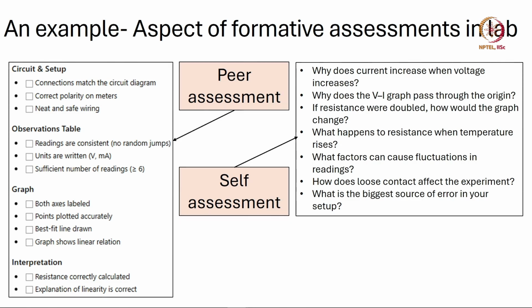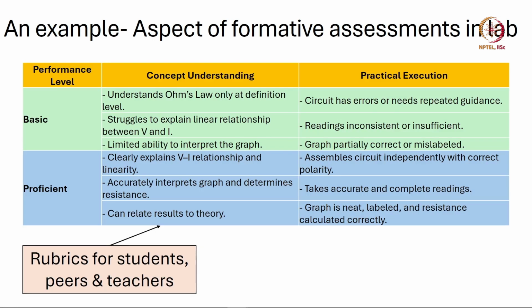Another aspect of formative assessment that can be used in labs is rubrics. We know that doing it procedurally, doing it in a more practical manner, is important. However, it is also important to understand it conceptually. So probably there can be two criteria. One is how well the students have the understanding of the concept of Ohm's law. Another can be how well the student is able to execute it or apply Ohm's law in a more practical context.